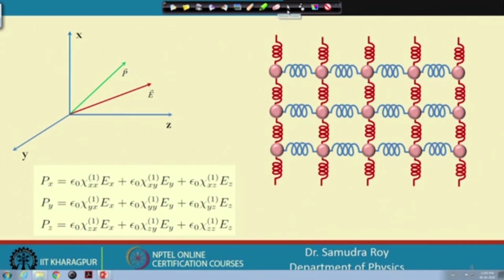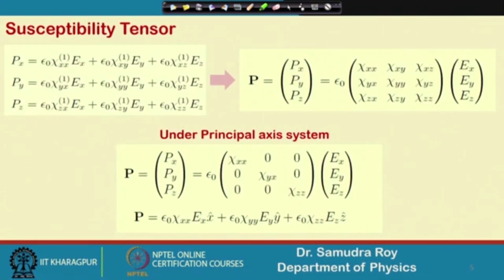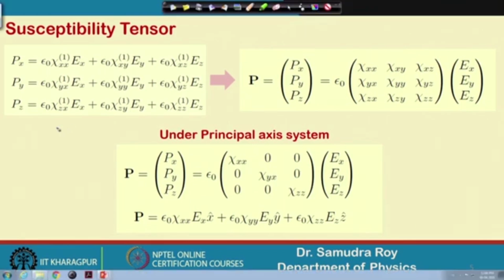So, let us go to the next slide and see what we have here. As I mentioned, once I write the susceptibility tensor in this particular form, which is shown here, the relationship between P and E is shown here.